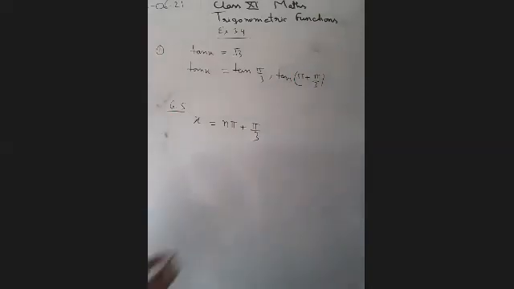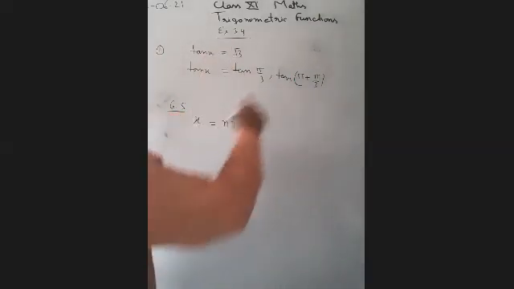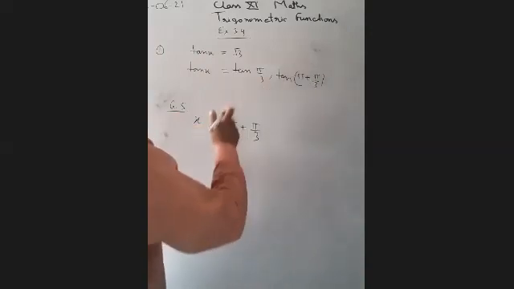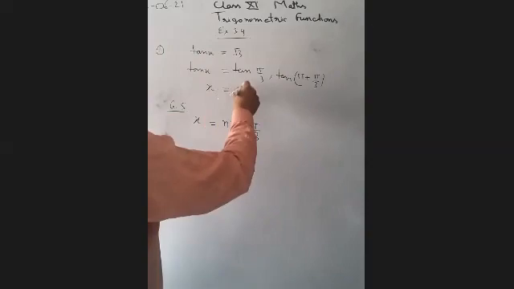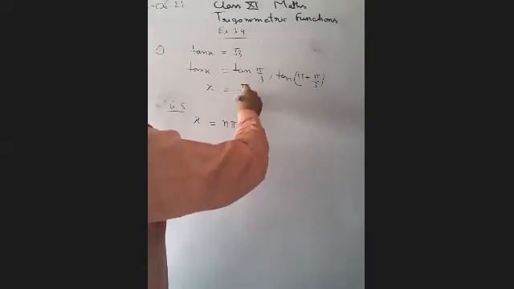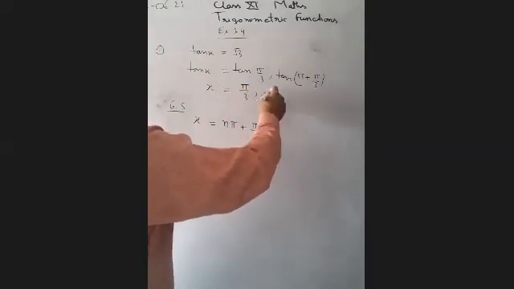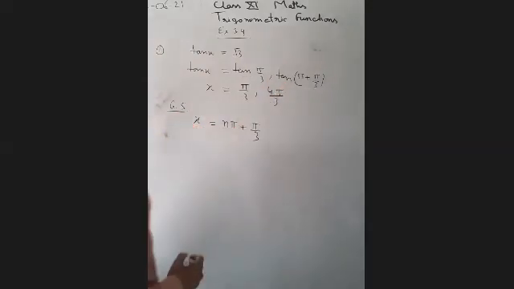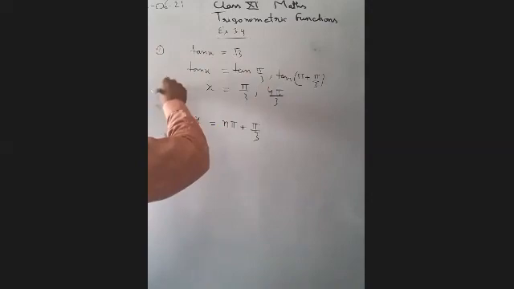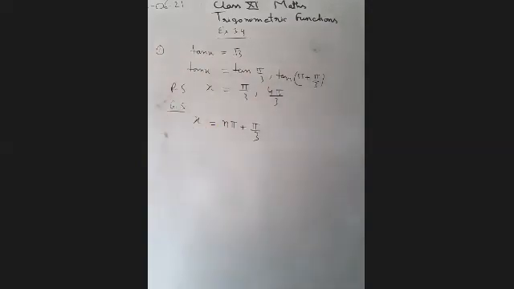That is, it should be positive in third quadrant. So 180 plus theta I have taken. So principal solution will be x is equal to pi by 3 and x is equal to 4 pi by 3. These are the two answers.